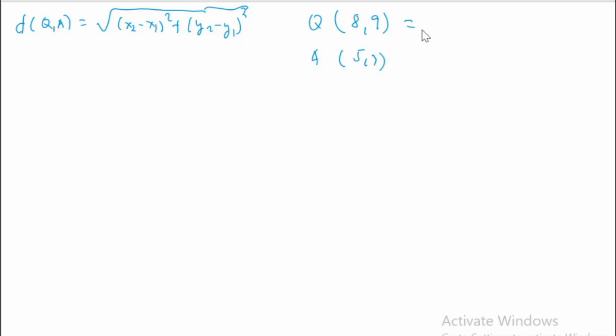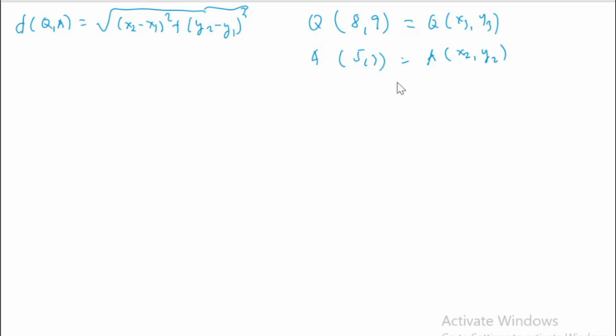I will represent Q as my third point, so I can write Q, whose coordinates are x sub 3 and y sub 3. A while ago, I used A as my second point, so I will write A, whose coordinates are x sub 2, y sub 2.